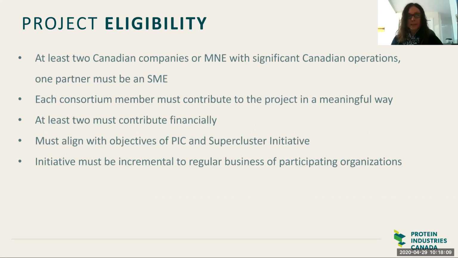Of course, it must align with our objectives of PIC and also the Supercluster Initiative, and it must be incremental to the regular business of your organization. So this just means that it wouldn't be undertaken without your consortium partners' involvement, or it wouldn't be undertaken at the same size or scope as it would be without the PIC funding.